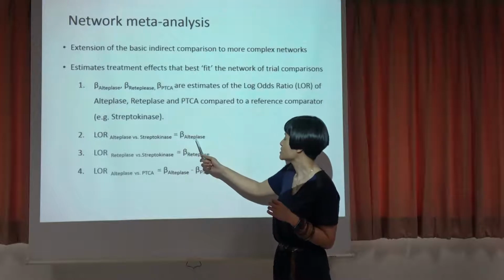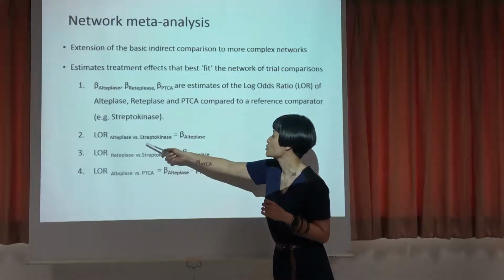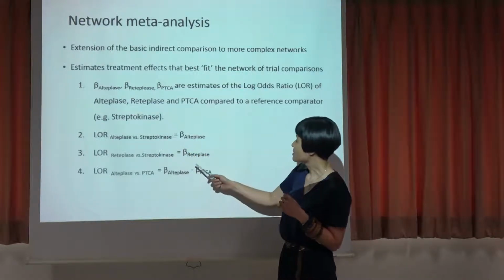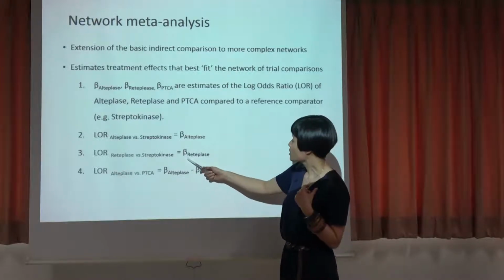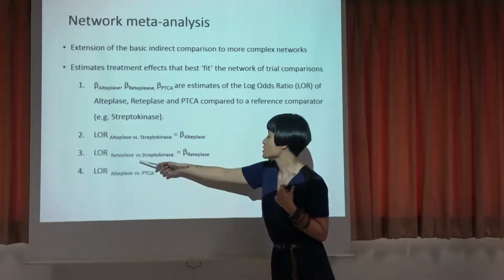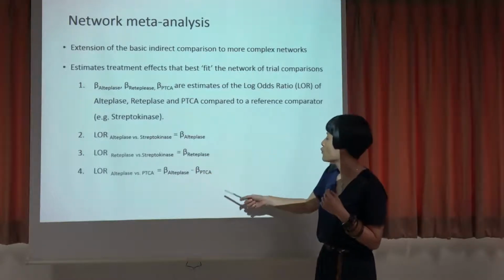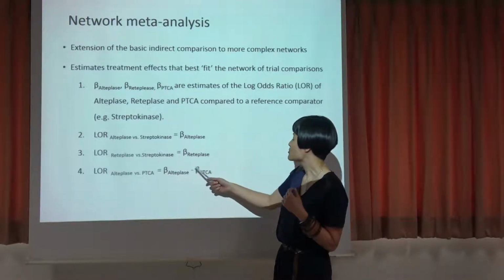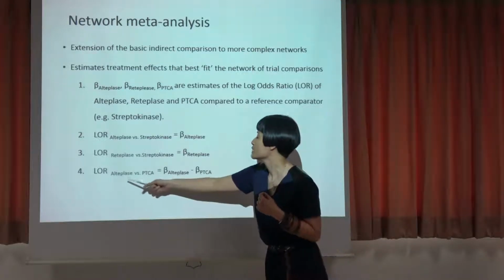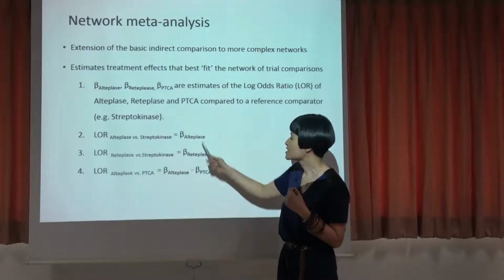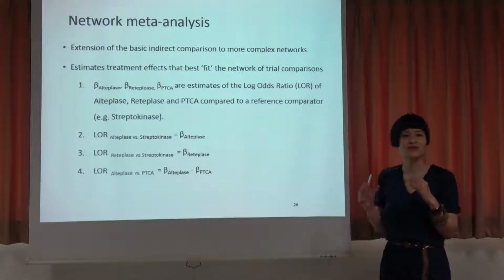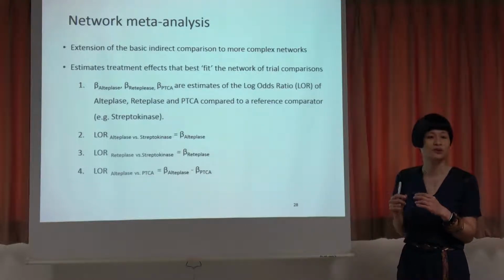Beta alteplase is a log odds ratio of alteplase versus streptokinase. If you remember the network, beta rectiplase is a log odds ratio of rectiplase versus streptokinase. And then beta alteplase minus the PTCA will give you the indirect comparison. So these are all the things that you're trying to estimate at the same time within your network.